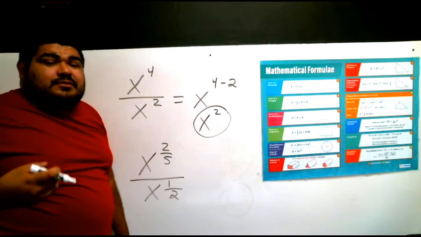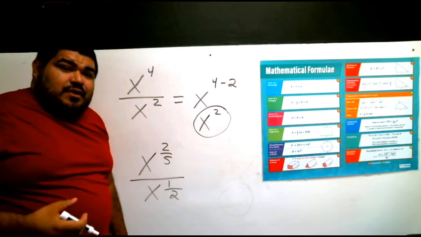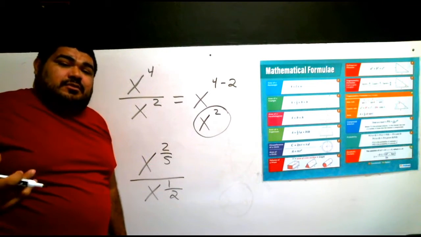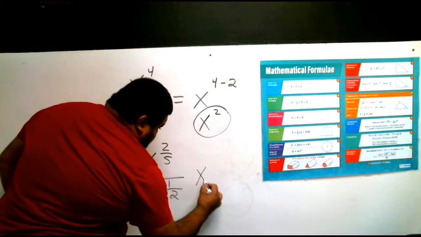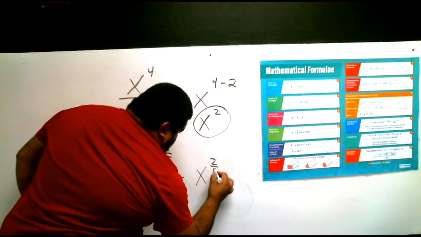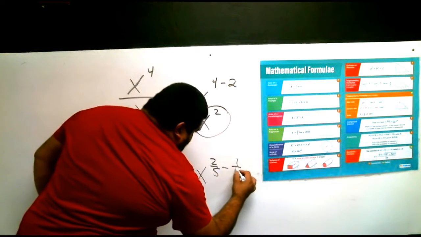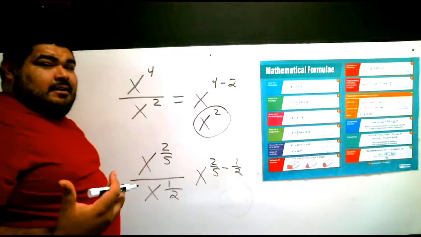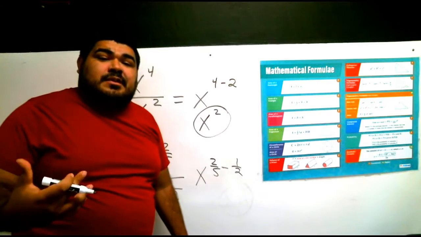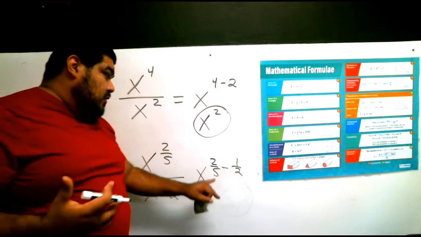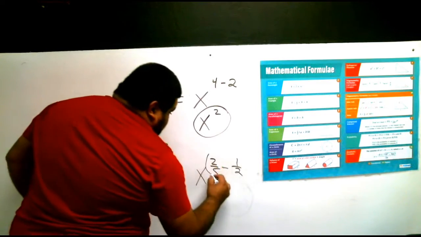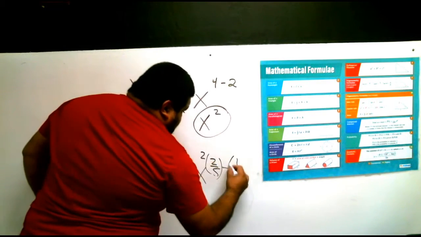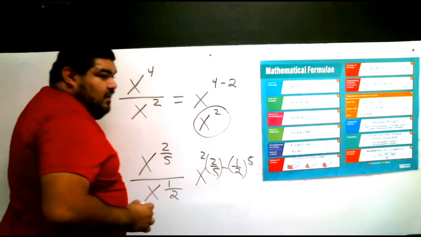Get into that mentality that when the fractions aren't the same, you have to alter them. So we have x to the 2/5 minus 1/2. Again, we have to find a common denominator. If you remember from the previous one, I used the same numbers. So we have to alter the 2/5 by 2 and the 1/2 by 5.